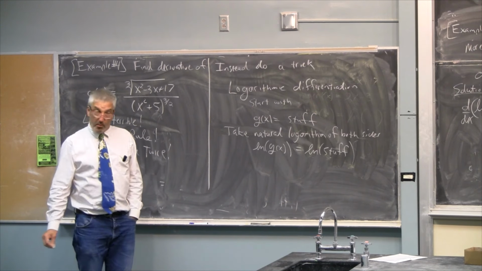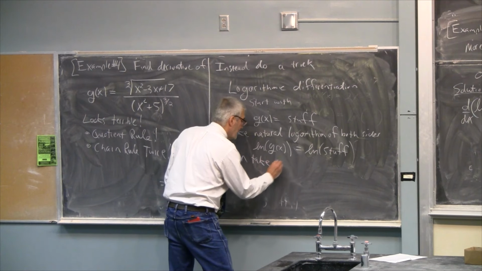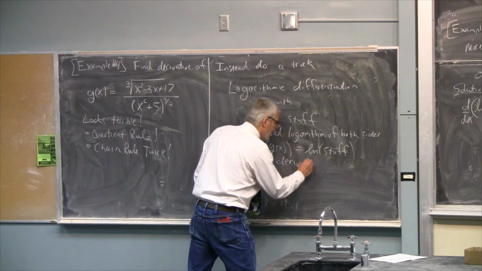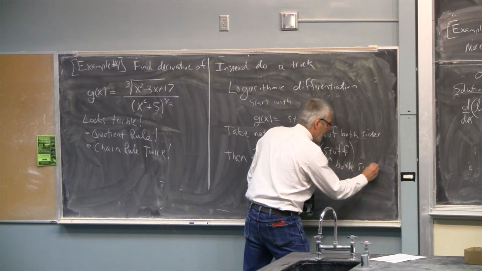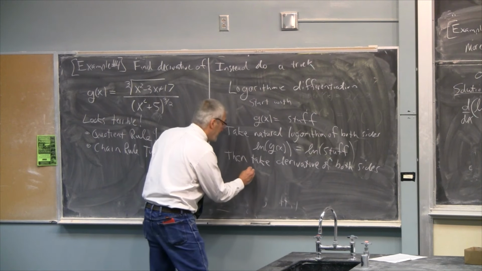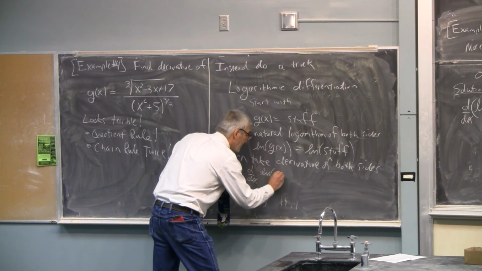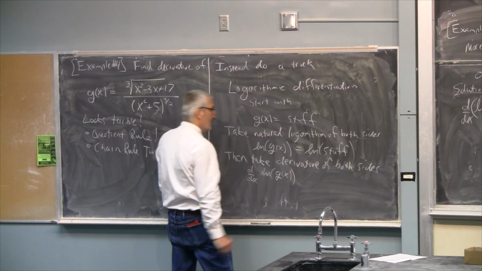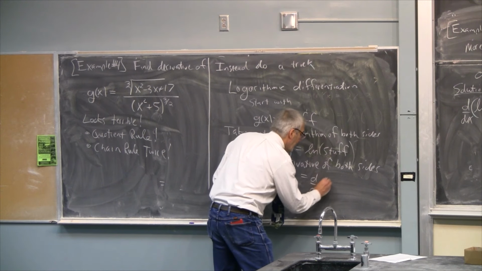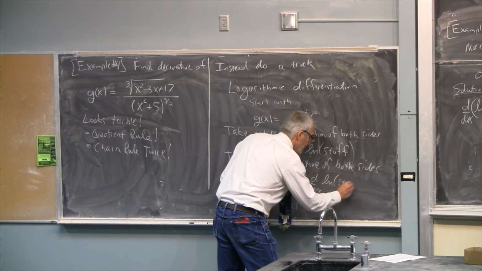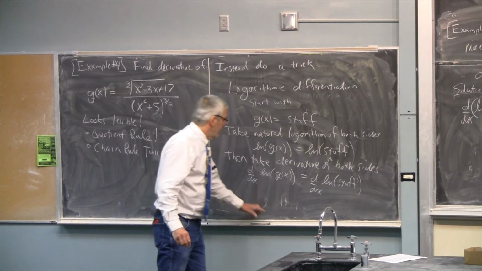Then take the derivative of both sides. So I write d over dx, not dy dx. I do d dx of ln of g of x equals d dx of ln of stuff. Seems like I've made things worse, but you're going to see that I didn't.